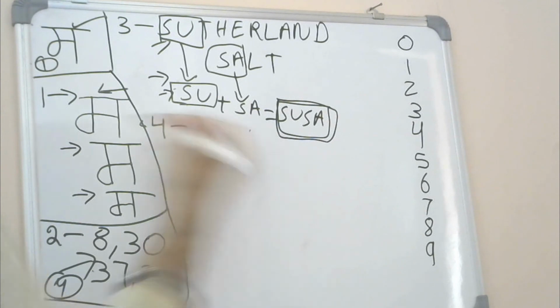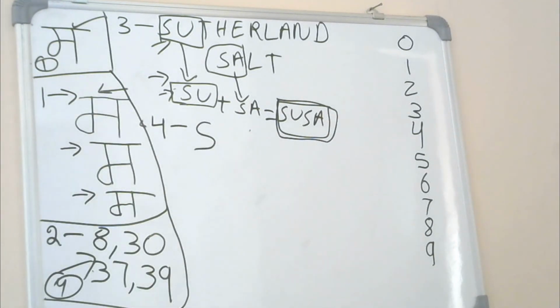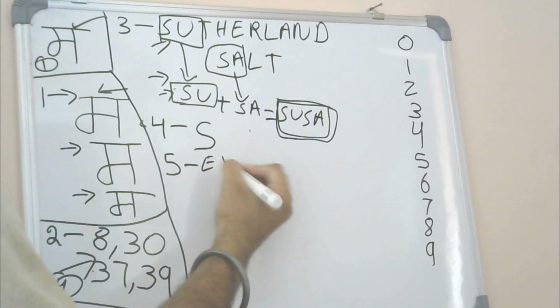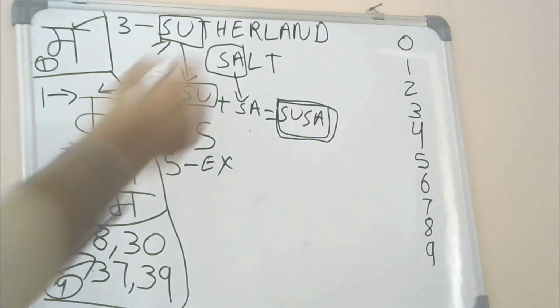The fourth step is the sound. It will sound like an S. The examples that we can have are Sutherland, of course.